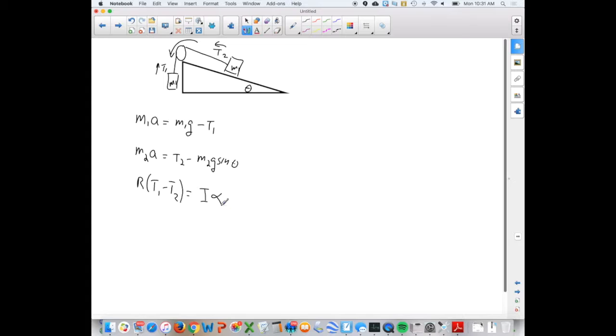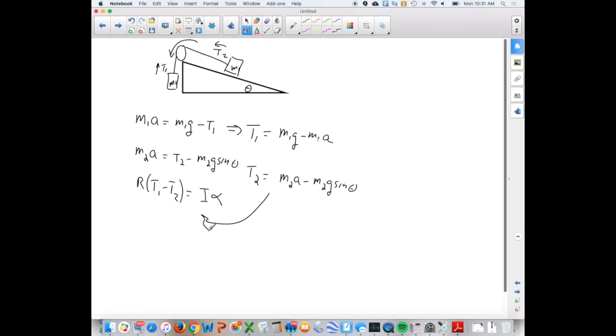And again, we'll do as we've done before. T1 is equal to M1G minus M1A. T2 is equal to M2A minus M2G sine theta.